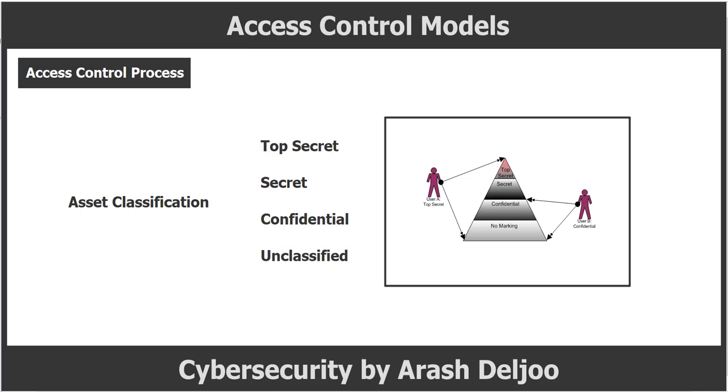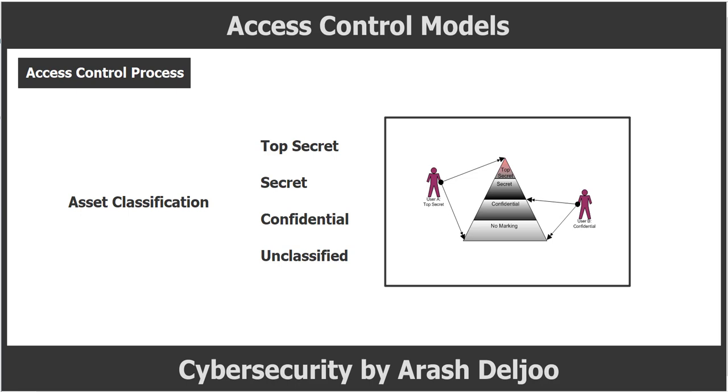The first step in implementing an access control process is to classify assets or data based on the potential damage a breach to the confidentiality, integrity, or availability of that asset or data could cause.